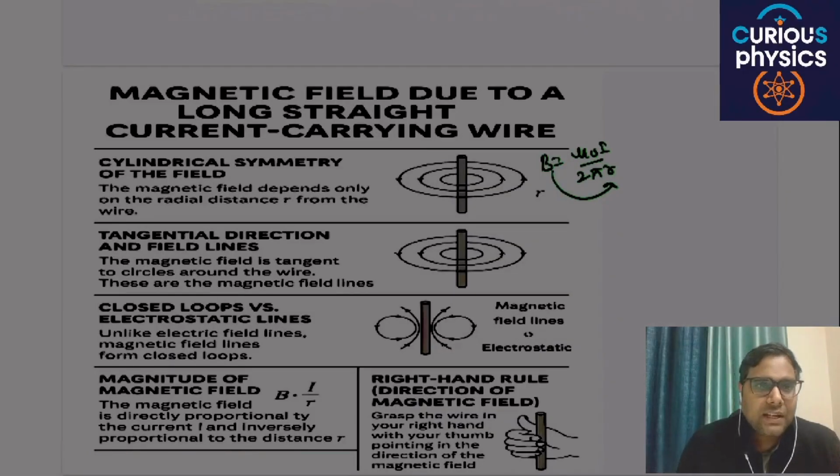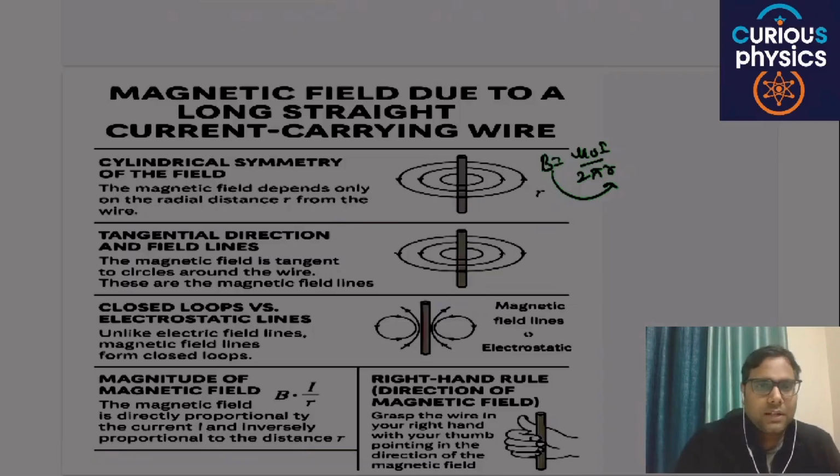The tangential direction and field lines. The magnetic field is tangent to the circles around the wire. These are the magnetic field lines. The main properties of magnetic field lines we will discuss in the next chapter. But for now you have to understand the magnetic field lines are in circular shape around a current carrying wire.